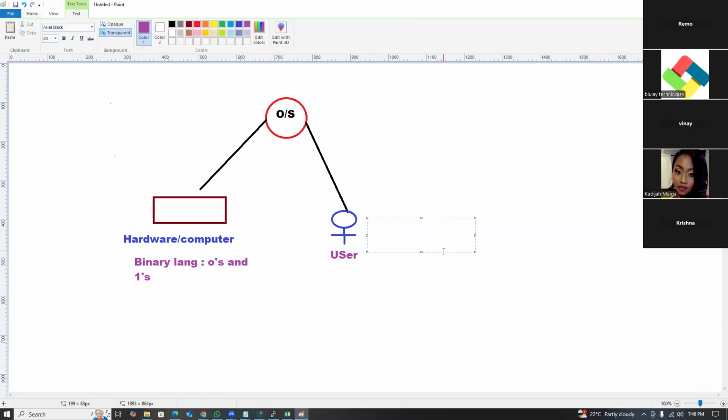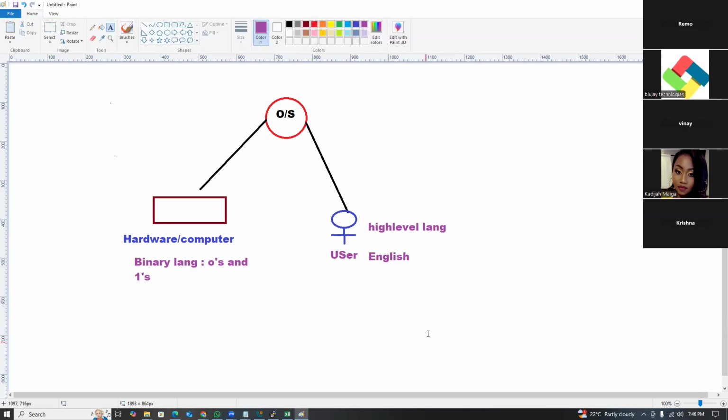The user knows which language? High level language, for example English. How are you communicating with your hardware or computer? By using English only, right? So the user knows only English, and hardware knows only binary, zeros and ones.